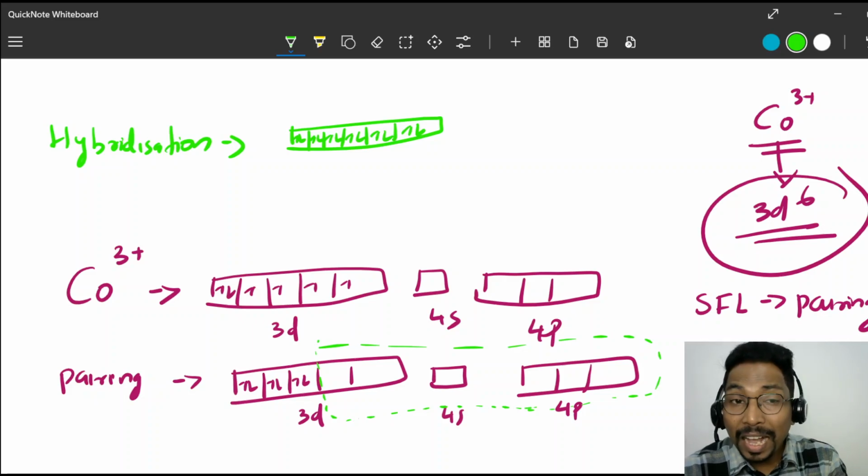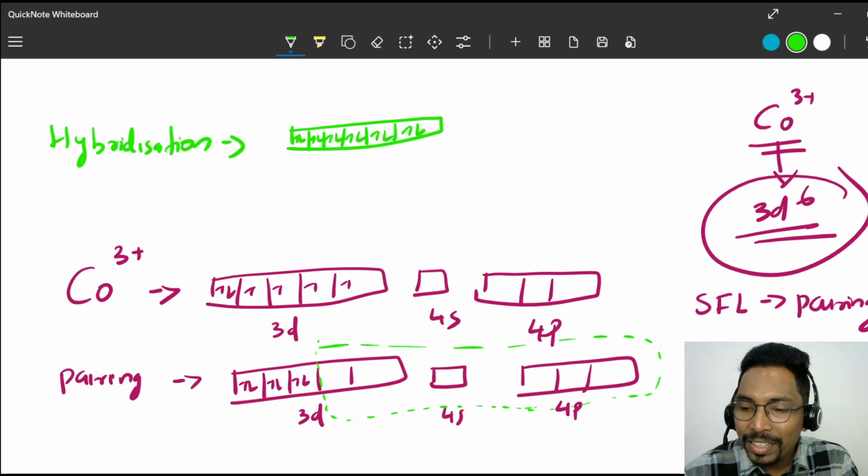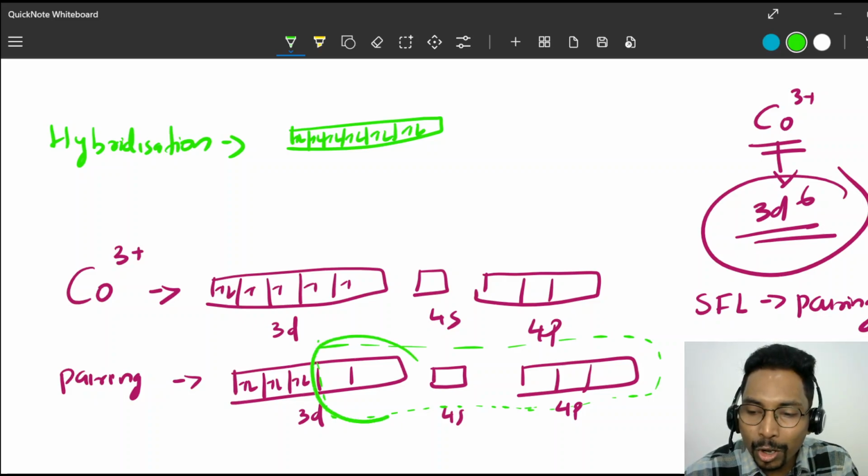Ready. Now the very important thing: we are going to check the hybridization pattern. These two orbitals are d orbitals. How many d orbitals are participating?